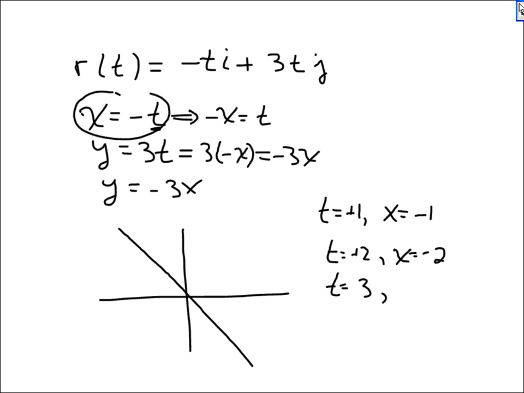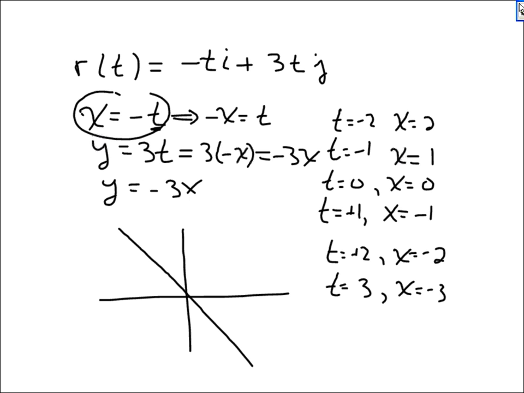If t is 3, x is negative 3. If t is 0, well then x is 0. If t is negative 1, then x is positive 1. If t is negative 2, well then x is positive 2. The t's are going bigger as I go down. The t's are getting bigger, but the x's are getting smaller.